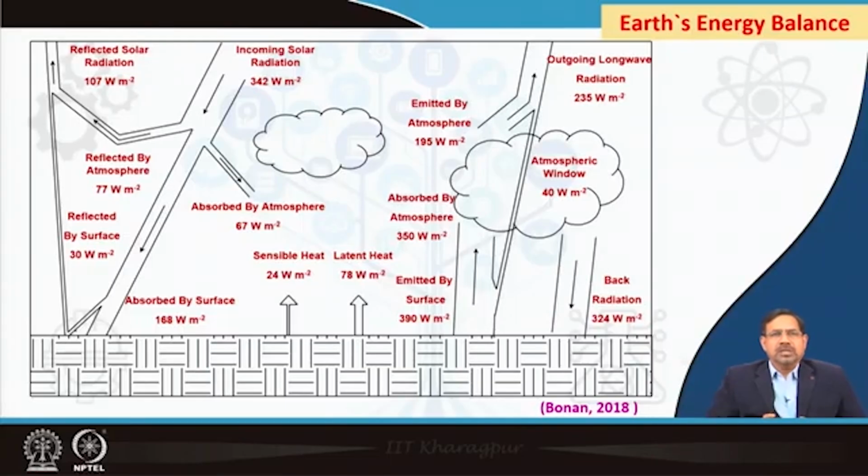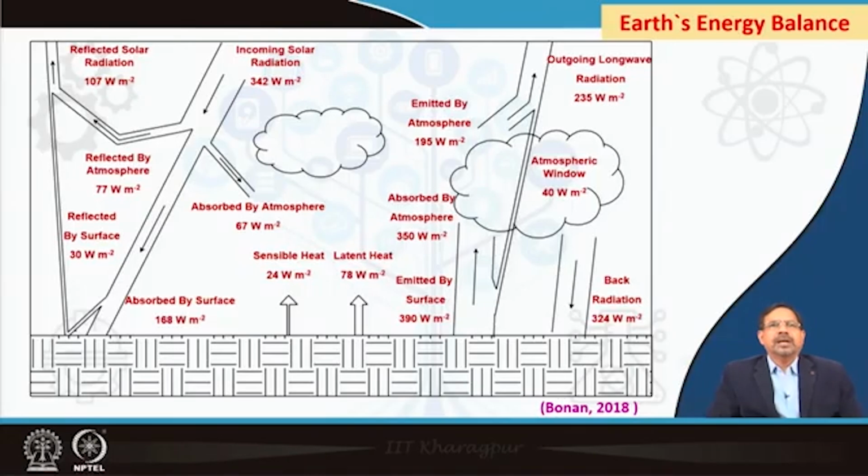The quantity varies a bit over time, but this gives us a broad understanding of how much is the total in and out as far as the solar radiation and the outgoing longer wavelength radiation are concerned.